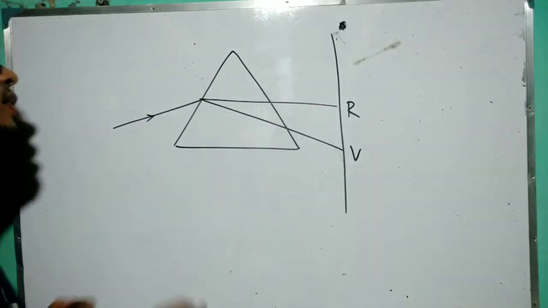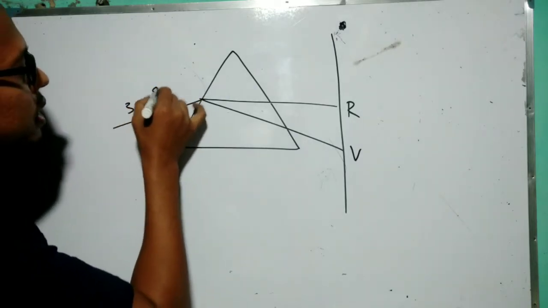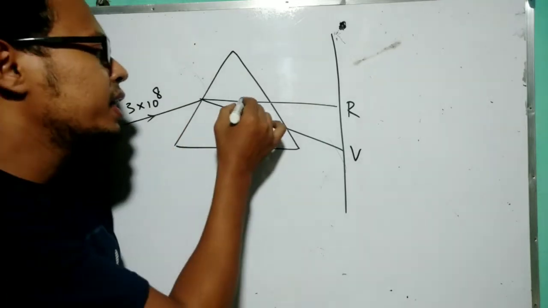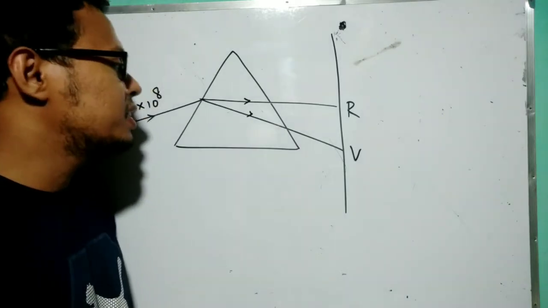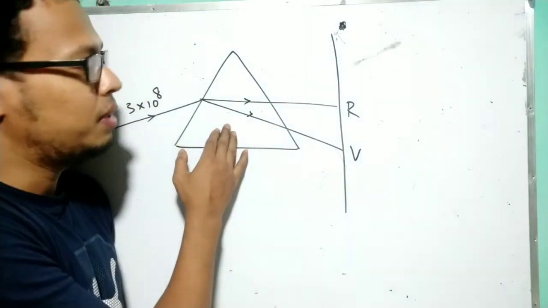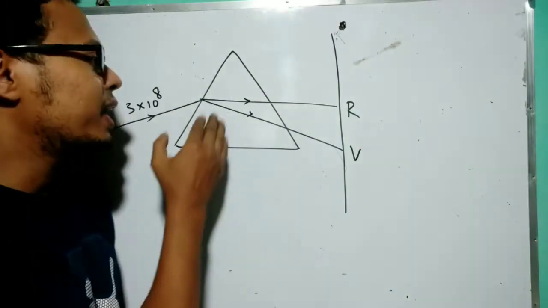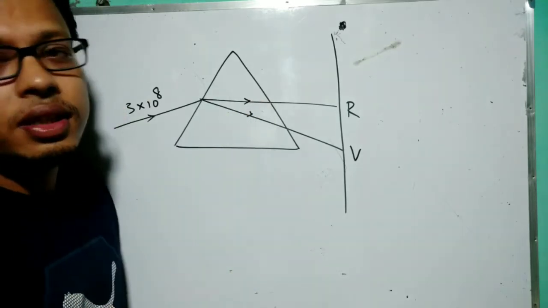Look, the answer is, when light is traveling in air, the speed is 3 into 10 to the power 8. Now when it enters a medium, does the speed remain the same or does it change? Obviously the speed changes when it enters a medium. So due to the change in speed, that white light separates into its constituent colors.